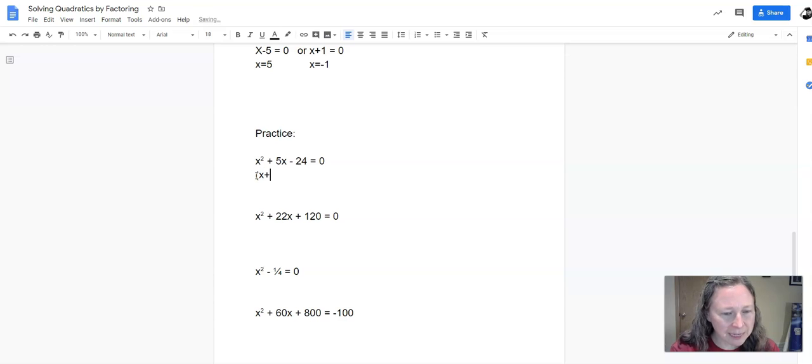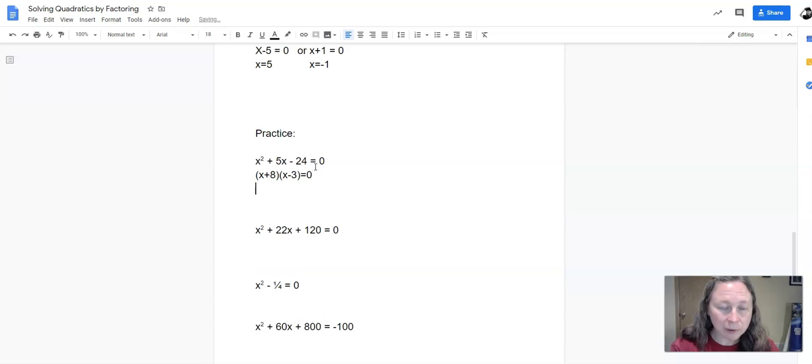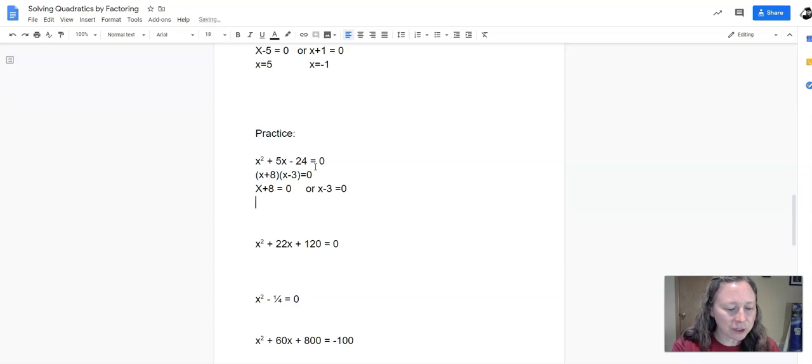If I do x plus 8 times x minus 3, so 8 times -3 is -24, and then 8x plus -3x would be +5x. That equals 0. Therefore, we've got two equations to solve. X plus 8 equals 0, or x minus 3 equals 0. And then the solution to this first equation is x equals -8. And the solution to the second one is x must equal 3.